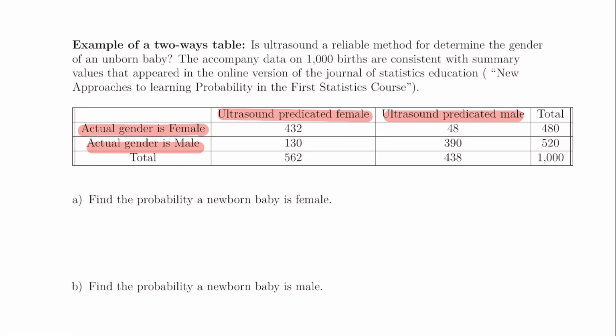Well, what's the condition, if there is a condition? Whenever they give a condition, it's telling us this is information we already know. Do they already tell us we know the baby was female?